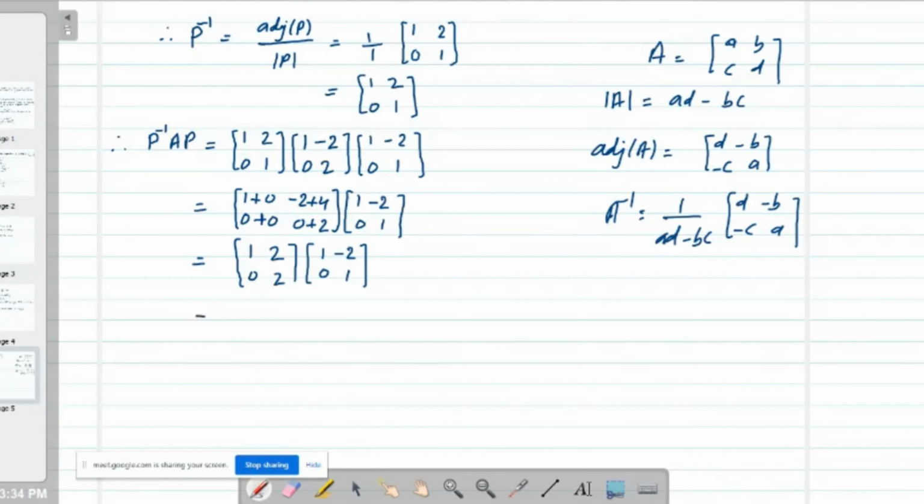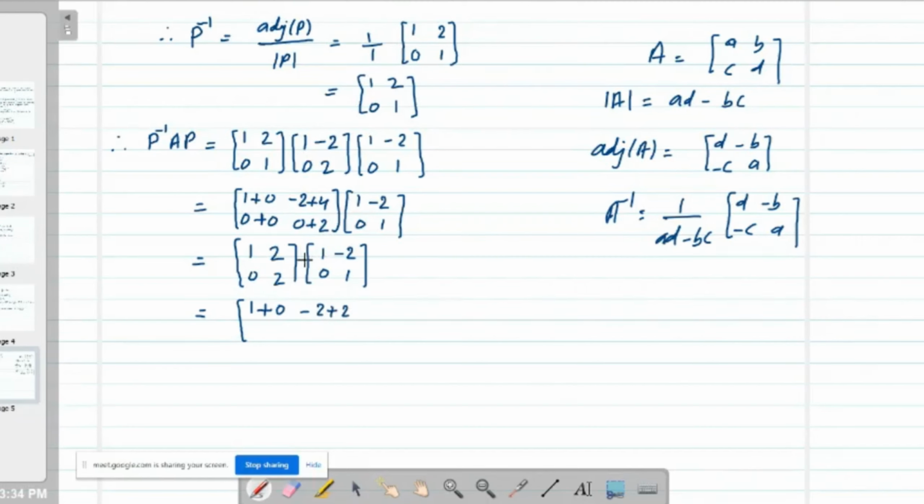Okay, now again multiply. So if you are multiplying this, 1 times 1 is 1, 1 times 1 is 1 and plus 0 plus 0. Then multiply here with this, so this will be minus 2 and plus 2.